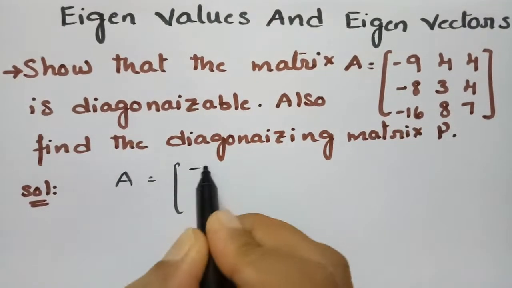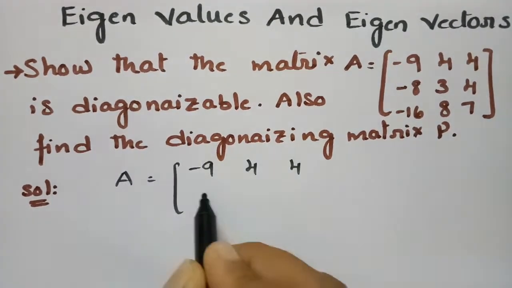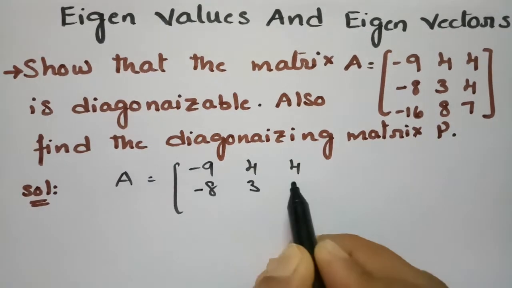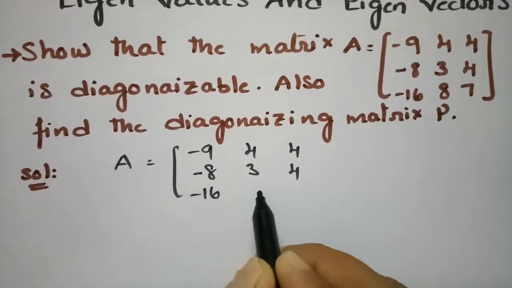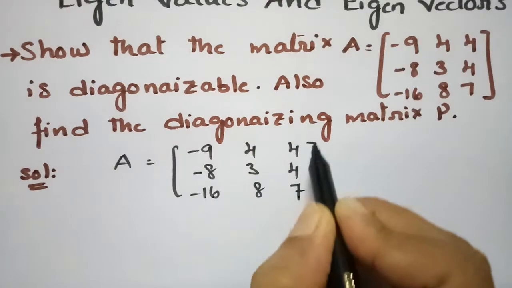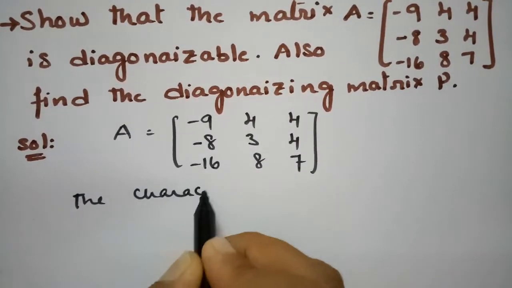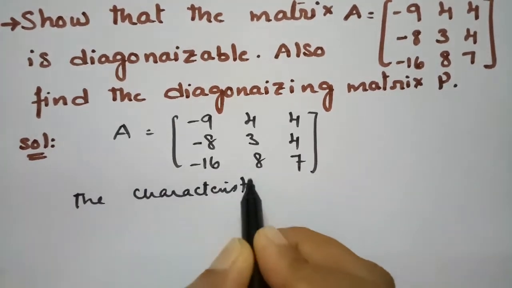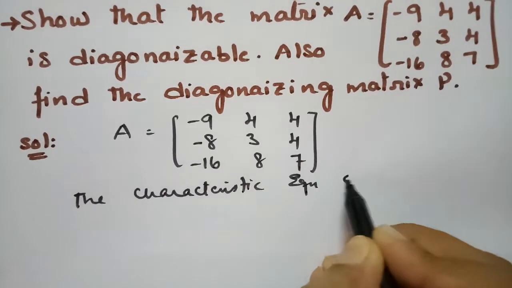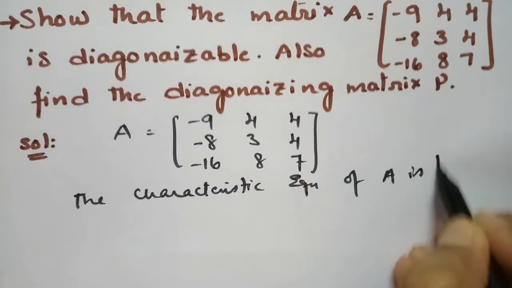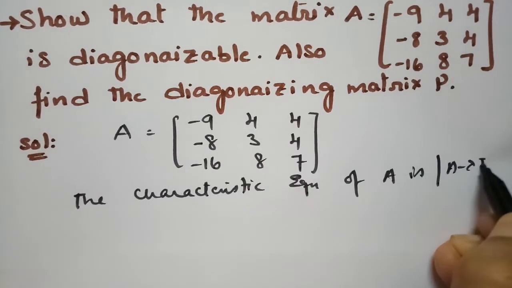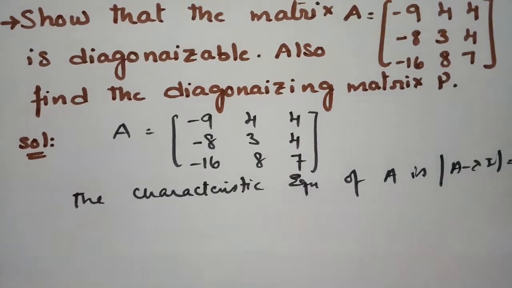So here the matrix is given as -9 4 4, and this is -8 3 4, and this is -16 8 7. The characteristic equation of A is nothing but modulus of A minus lambda I is equal to 0.